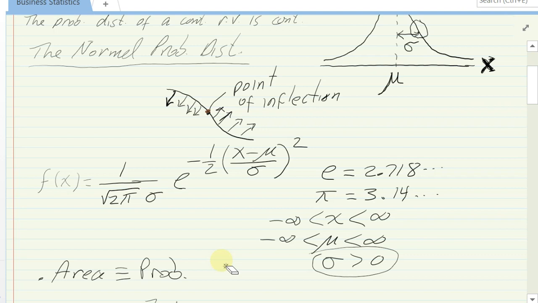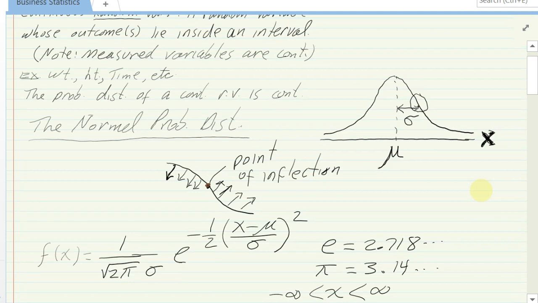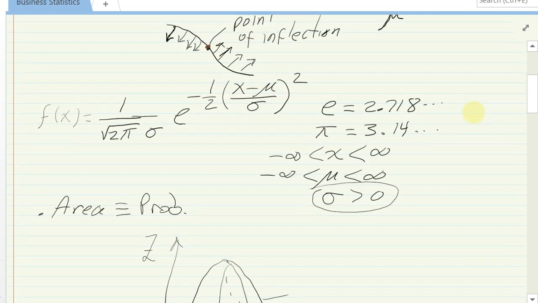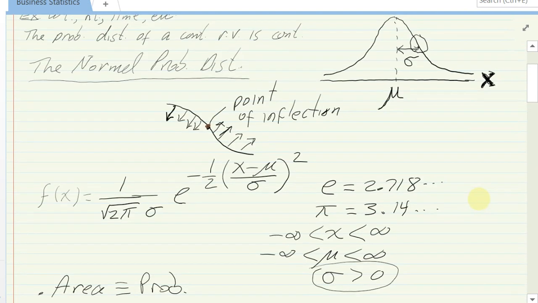Now, in order to find area, I need to either use integral calculus, because the region under the curve is not like a rectangle, a circle, or a triangle, something that I know. So we need to use calculus to do it, or we use software. Being in this course, we're going to use Megastat software to do this.